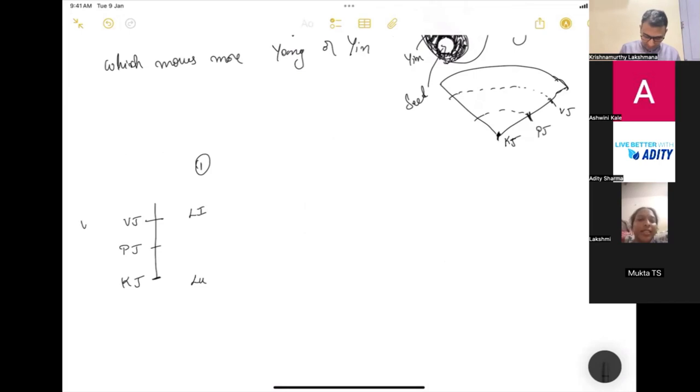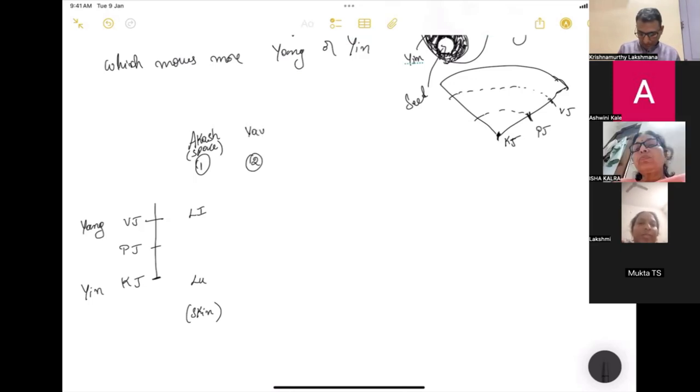So we have figured out: one is Akash, space, and this is skin. Now next, we have element 2, which is Vayu. Vayu is associated with movement.